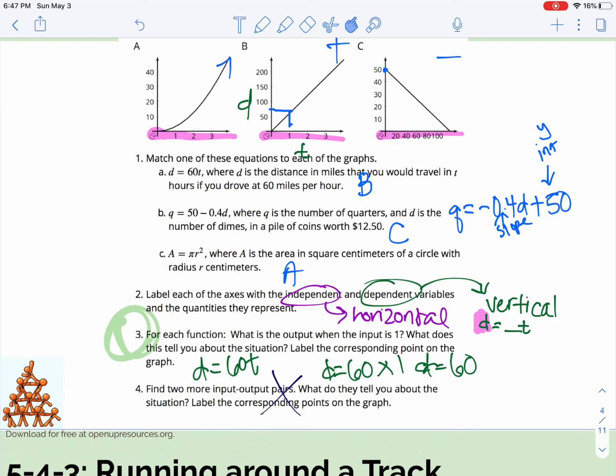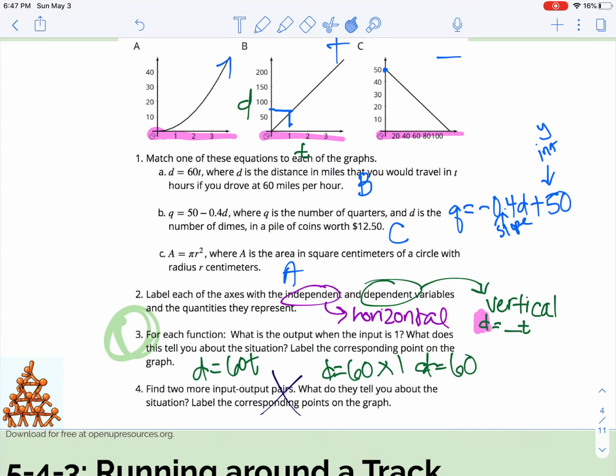So for 3, like what we did for A, they're telling you D equals 60 times T. So the output is going to be that dependent variable, the one that is waiting for information.